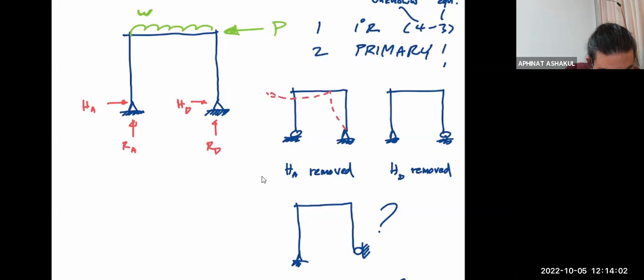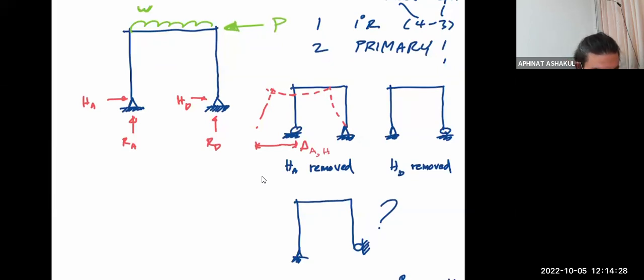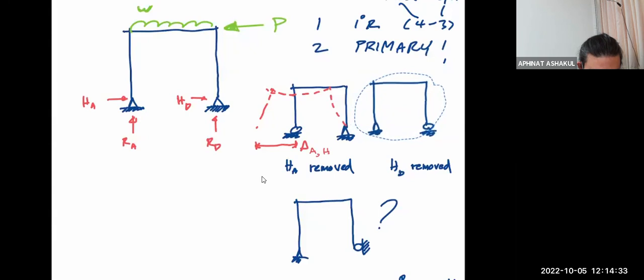Should be equal. Okay. So if you remove HA, you will have displacement at A in the horizontal direction. It's going to be a little bit more difficult to draw here, but anyway.